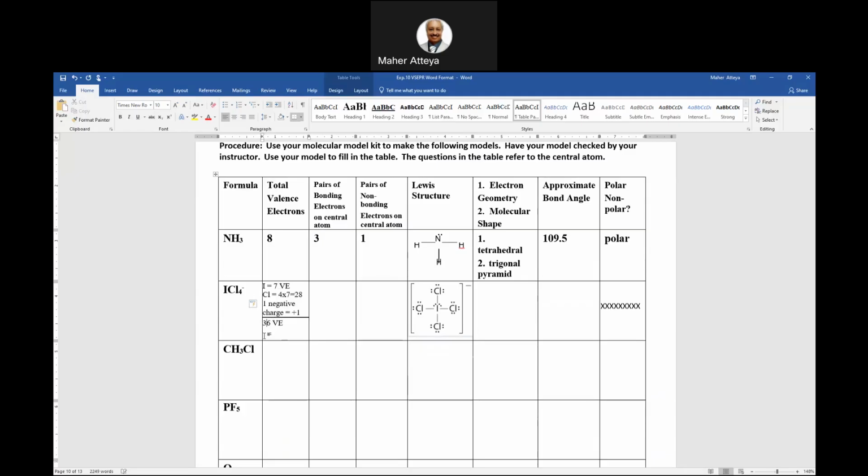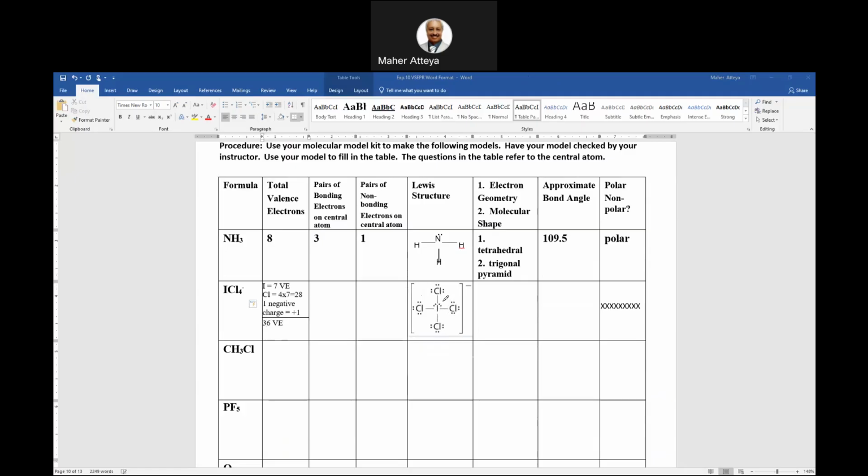So pairs of bonding electrons on the central atom. How many pairs can you take? Looking at this, we did the electron structure. I mean, use that structure of the compound. How many lone pairs do we have? 2 sets, correct? Look at the iodine in the middle here, guys.